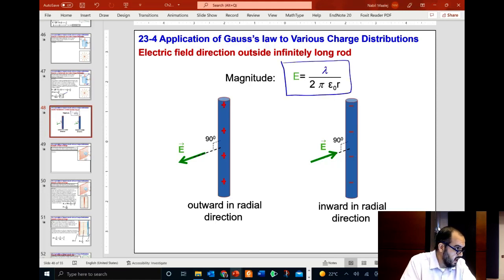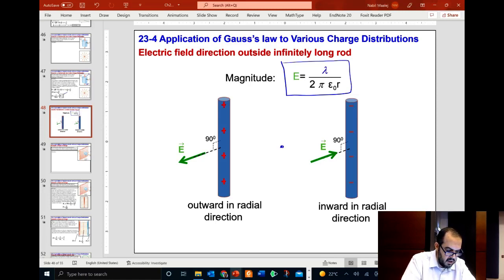Obviously, if the line of charge is positive, the electric field is pointing away from it, and if the charge is negative, the electric field is pointing towards it. In these situations, let's assume you have two line charges and you are interested in a point in between.